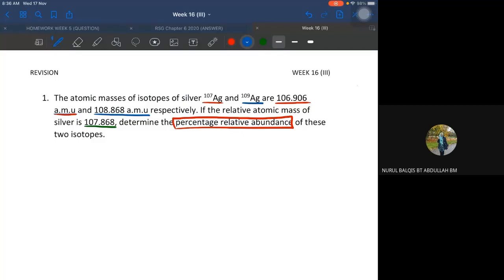So awak kena start with let percentage of these 107 silver be X, and then percentage of 109 silver is Y. Okay, and then these two kita tahu X plus Y equal to 100.